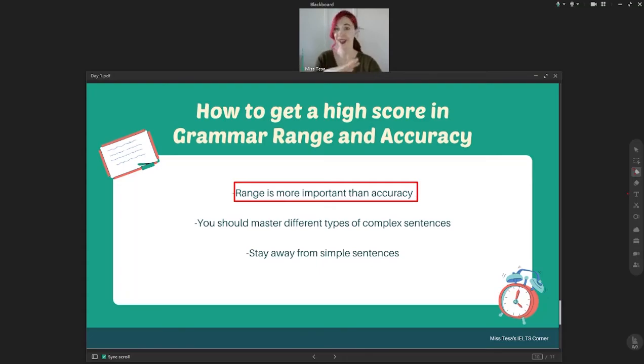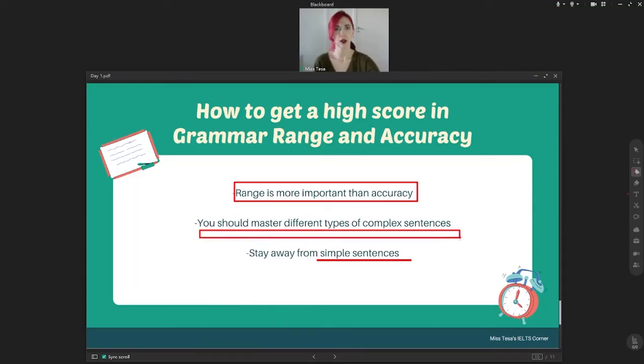But you can't get a 7 if you use only simple sentences or compound sentences or just very simple structures. You have to be using a variety of complex sentences.